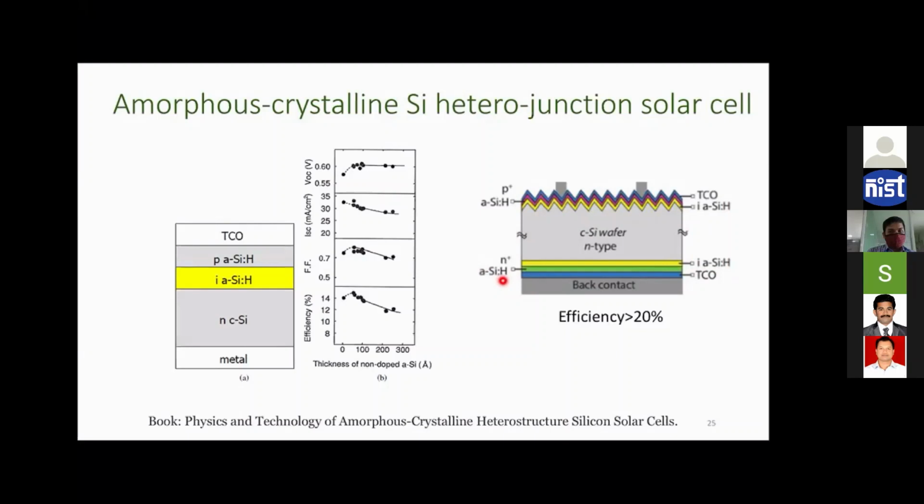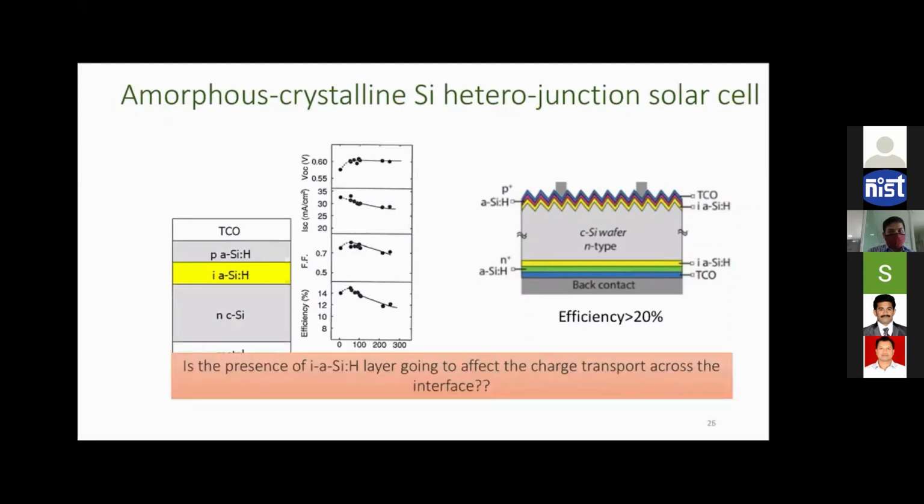And on the bottom side, you are having an N plus amorphous silicon in green. So you are having a double heterojunction, and this structure finally gave efficiency as high as 20%. So nicely, the intrinsic amorphous silicon and use of the heterojunction has given us a nice efficiency.